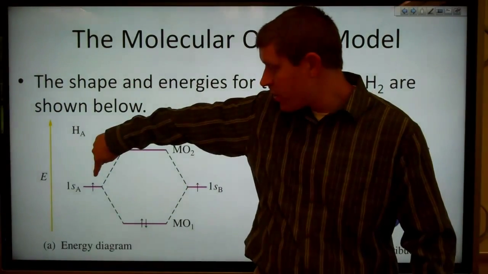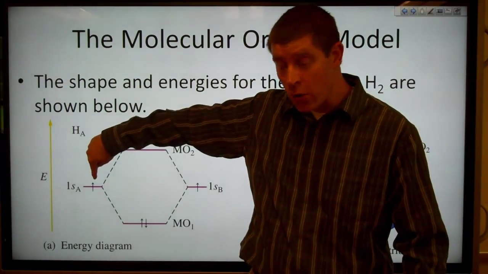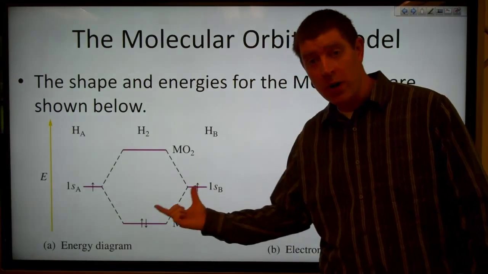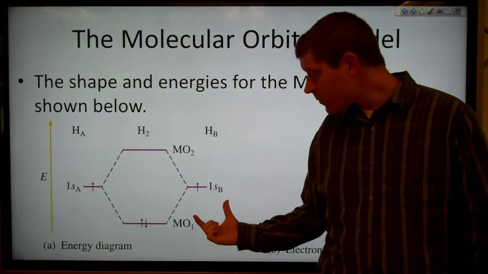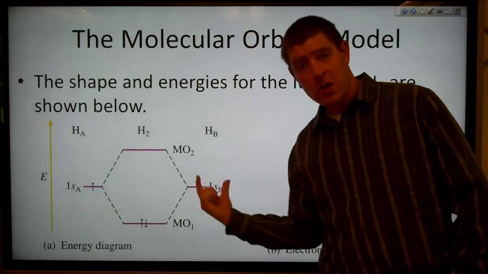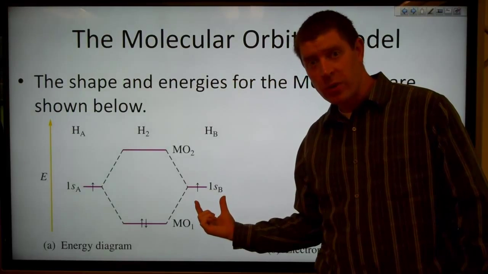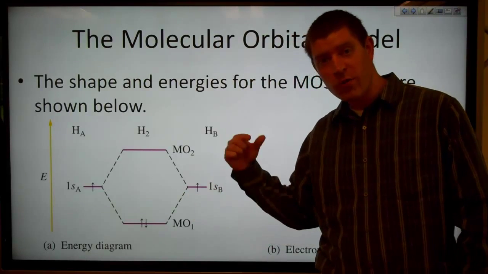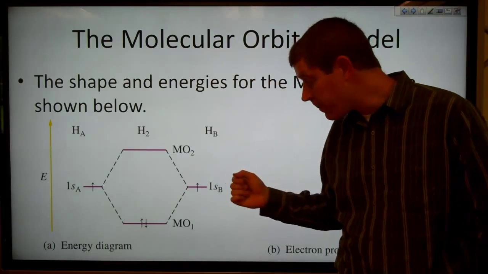So we started out with two 1s orbitals, one from atom A, one from atom B. They each had one electron in them to start with. Here they're shown with the electrons both spin up. Doesn't really matter. Just by convention, we write the first electron in an orbital spin up.